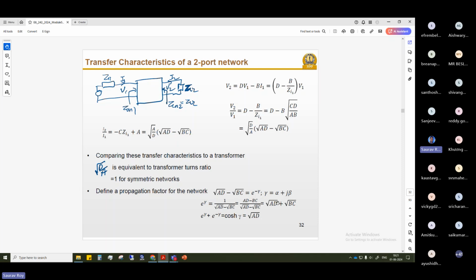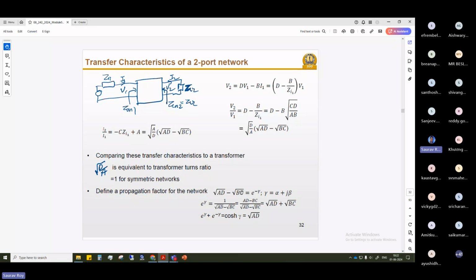From this equation, you can actually calculate gamma and the corresponding alpha and beta values from the ABCD matrix. So let's say a network is given, a circuit consisting of RLC or any other lumped parameters. You can calculate the ABCD matrix.